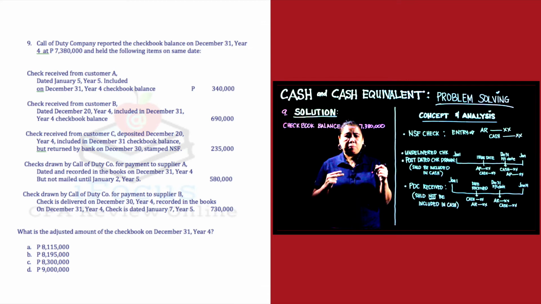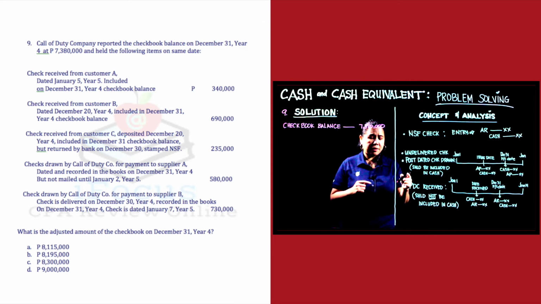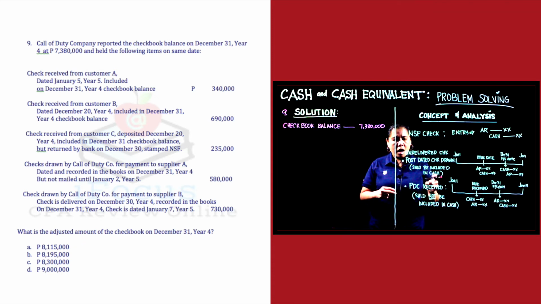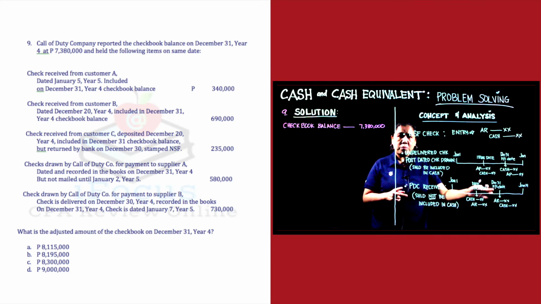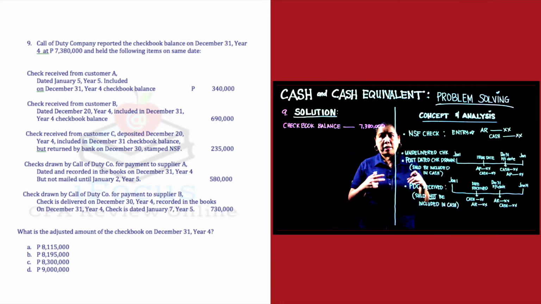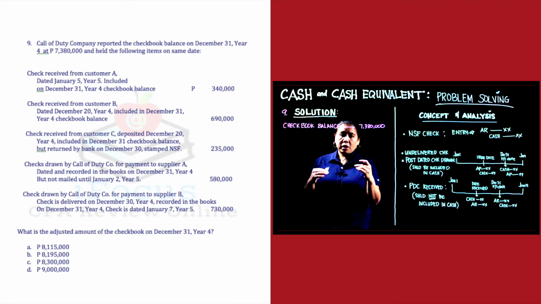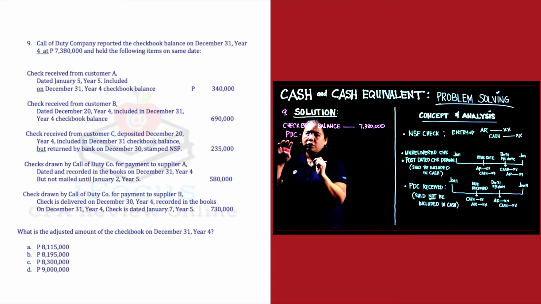Ito po yung post-dated check na ni-receive natin sa customer. Ang post-dated check should not be included in our cash. Bakit? Kasi itong post-dated check as of December 31st, hindi pa natin siya may cash. So, hindi siya dapat included sa ating cash. So, itong 340,000 na should be minus sa 7 million na checkbook balance natin.